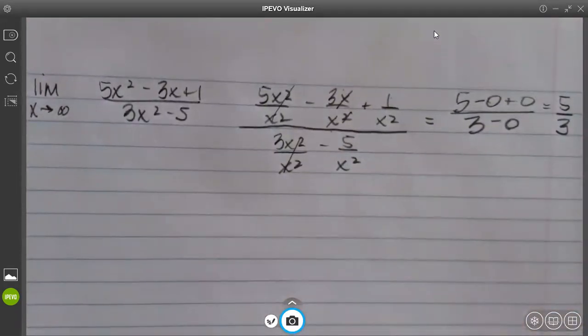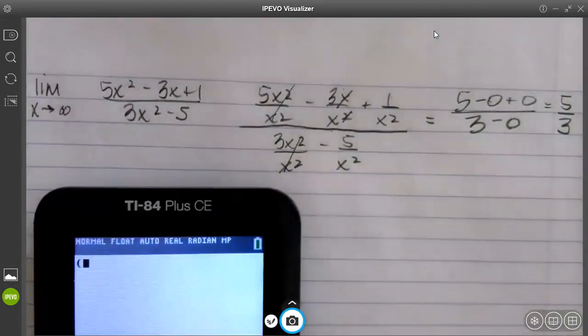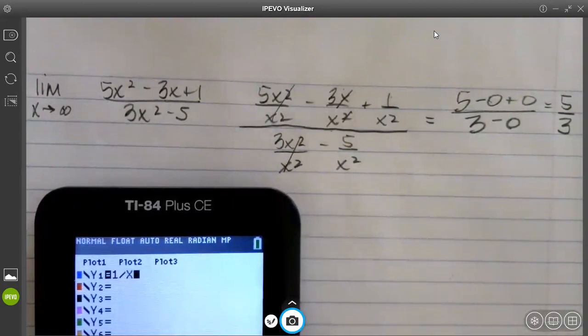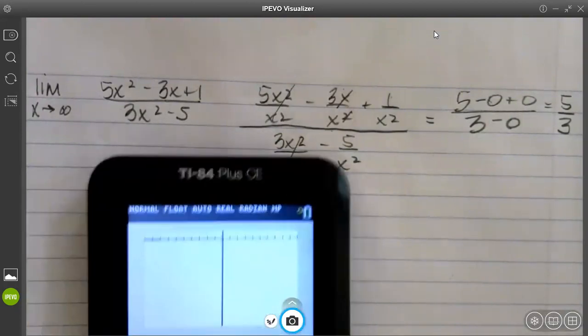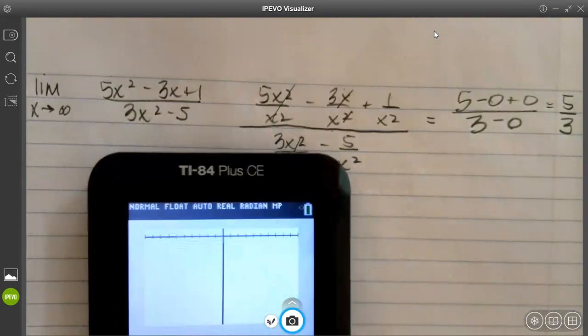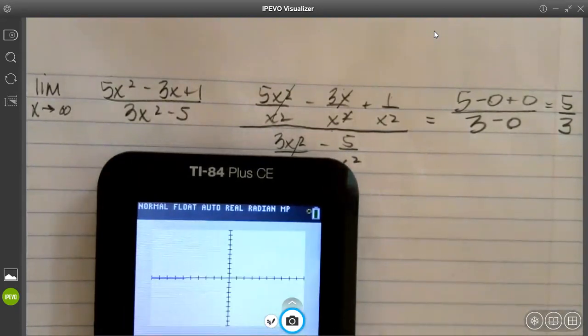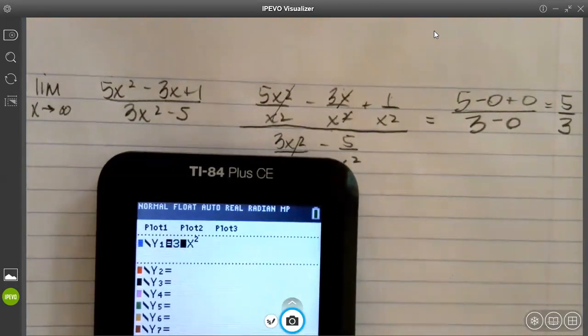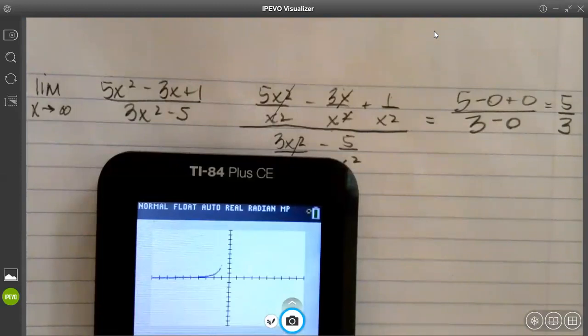Wait, you said what happens? What happens as we go to infinity? To the right, where does our blue line go? 0. It doesn't matter what we have. If I change this to 3, what's gonna happen every time?